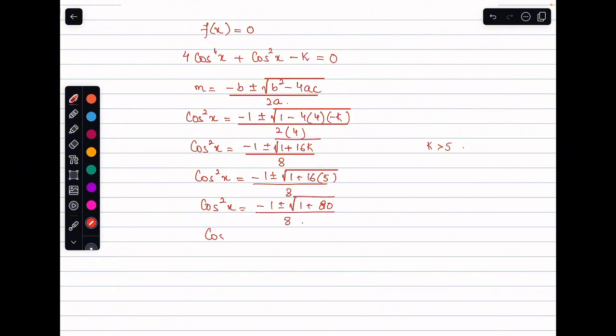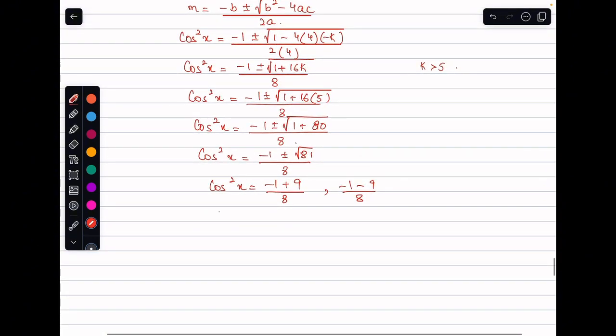Or I can say cos square x equals negative 1 plus minus square root of 81 divided by 8. Or I can say cos square x equals negative 1 plus 9 divided by 8 and negative 1 minus 9 divided by 8 here.